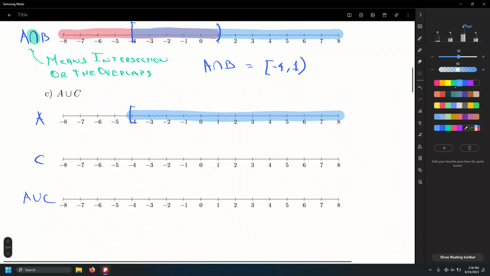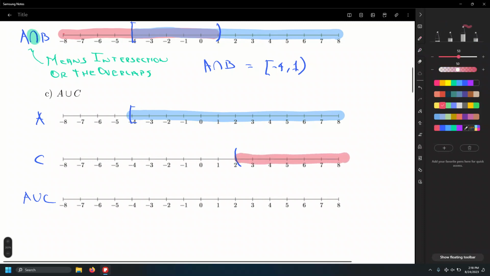And then, what's the other one? C. In this case, it's all the numbers greater than 2. Careful, because this one will use parentheses, right? Not brackets, because it only has the greater than, not the greater than or equal. So that's going to be towards the right.